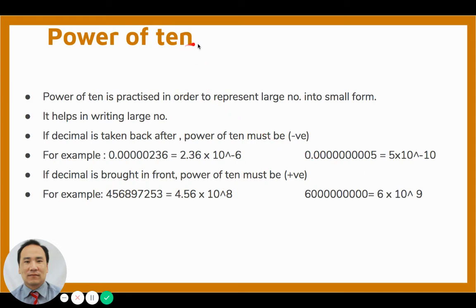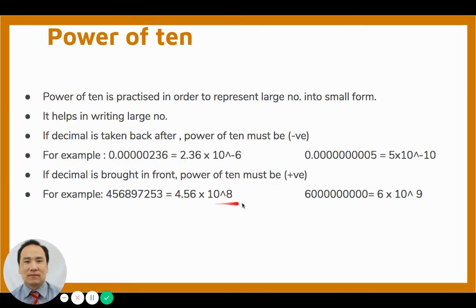We apply powers of 10 in order to represent large numbers in small form. Here you can see these are large numbers, and by using this method we can convert a large number into a small number.